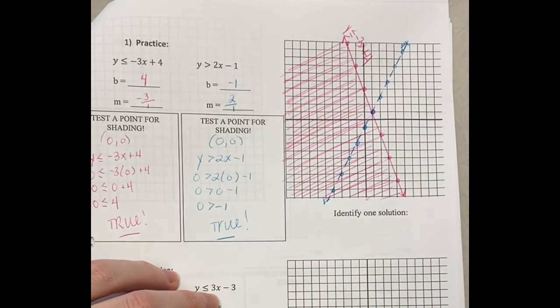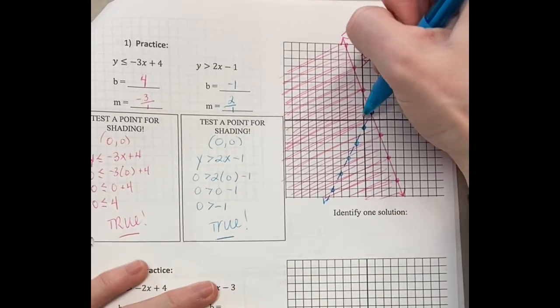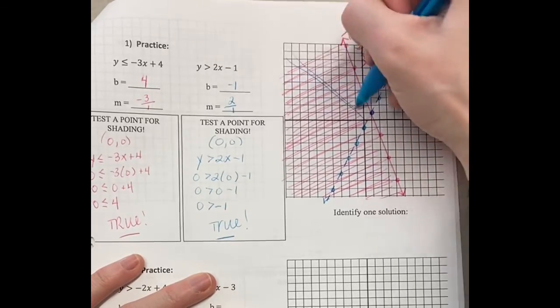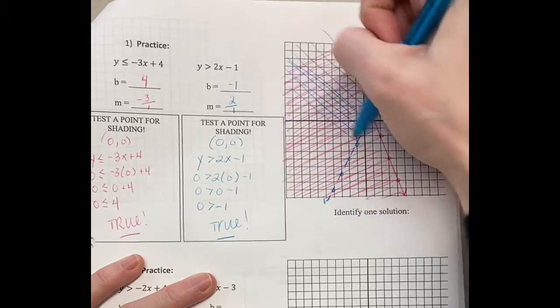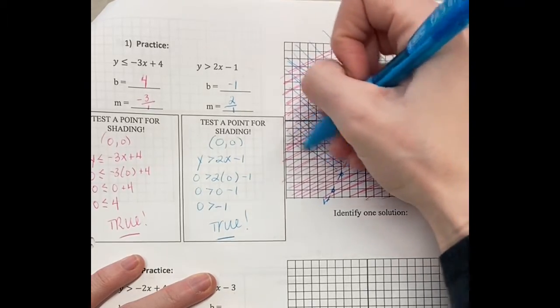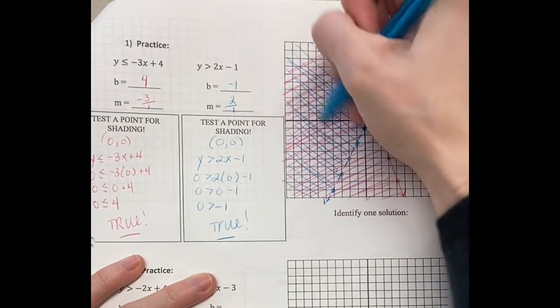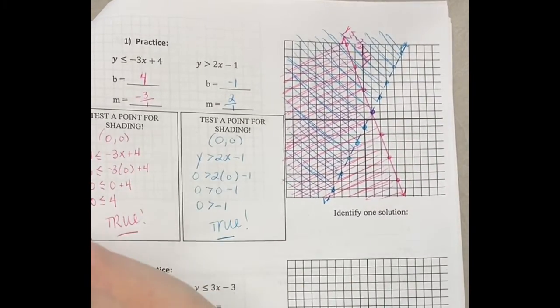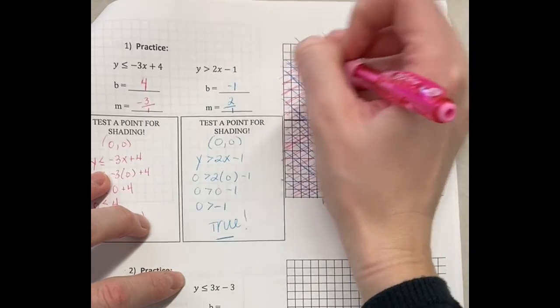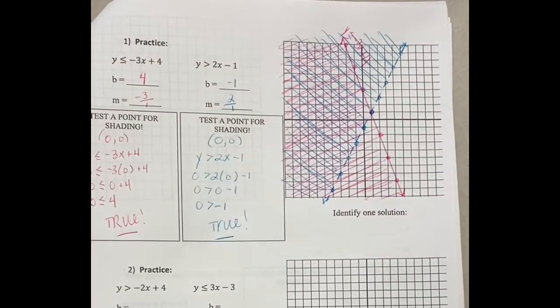So once again, I'm going to shade towards (0, 0). So we want to make sure that (0, 0) is covered. So then I notice I didn't shade the full part there.